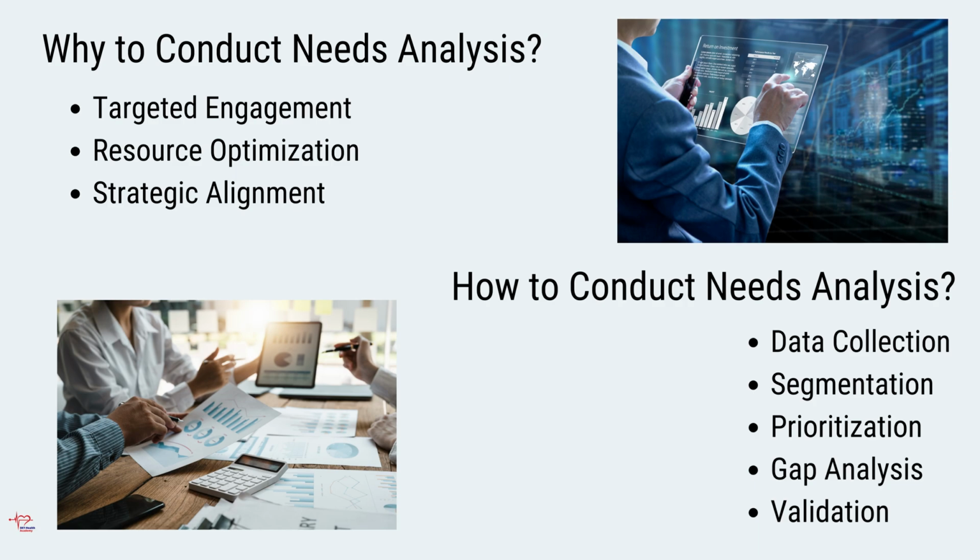And you may need to do a gap analysis and validation. So these are the steps you need to follow in order to have an effective exercise that will help you later on put together a very successful plan or strategy that will reach successful levels.